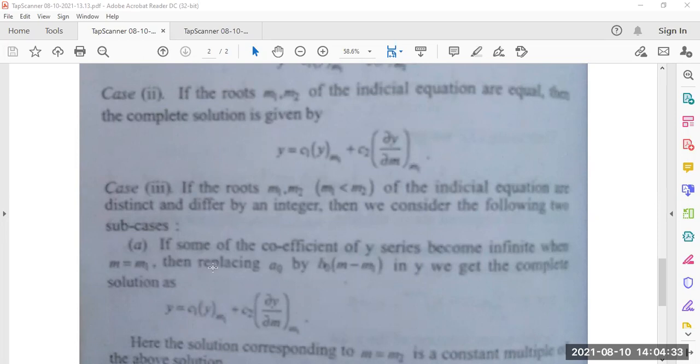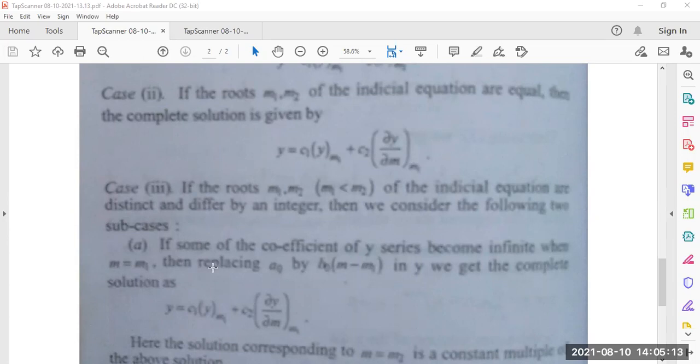If the sum of the coefficients of the y series becomes infinite when m equals m1, where m1 is the lesser one and m2 is greater than m1, then we replace a naught by b naught into m minus m1 in y. Earlier, when we solved it, a naught was present, but now we replace a naught by b naught into m minus m1, and get the complete solution y equal to c1 into y at m1 plus c2 into del y del m at m2.